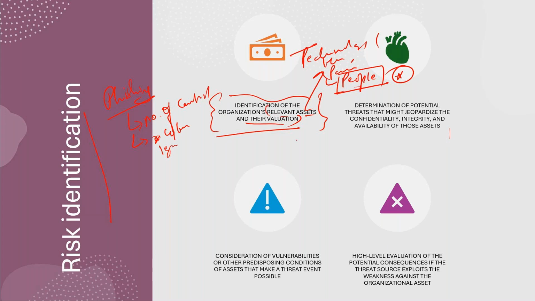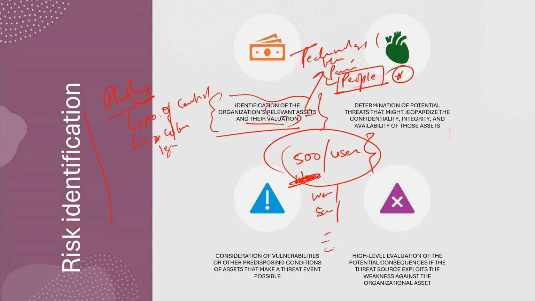So say that if you have 500 users within your firm, right, or 500 workstations, let's just say 500 users within the firm. And now we know what we are trying to protect, along with the workstations, servers, and pretty much everything we have. One of the risks that we have identified is phishing, right?